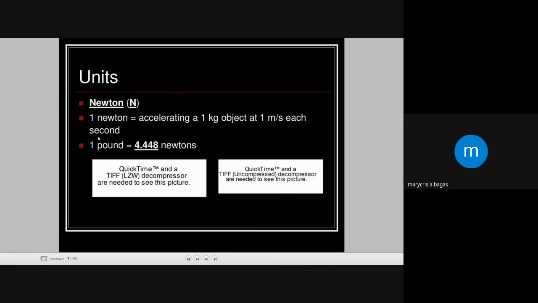Don't forget, 1 newton accelerates a 1 kilogram object.